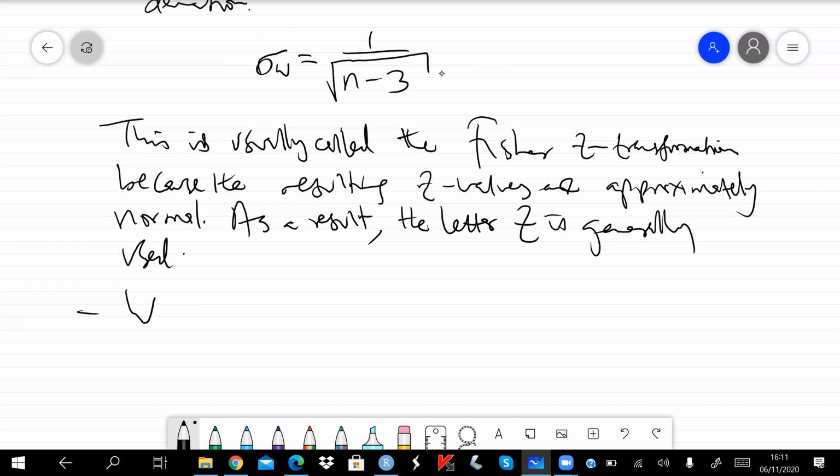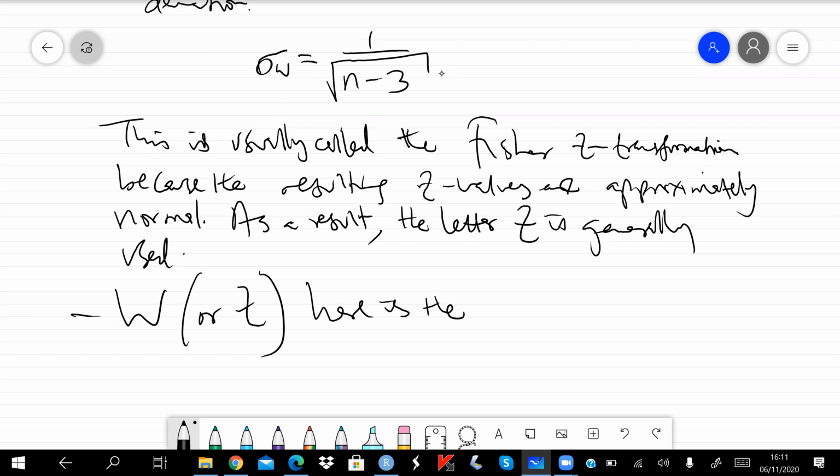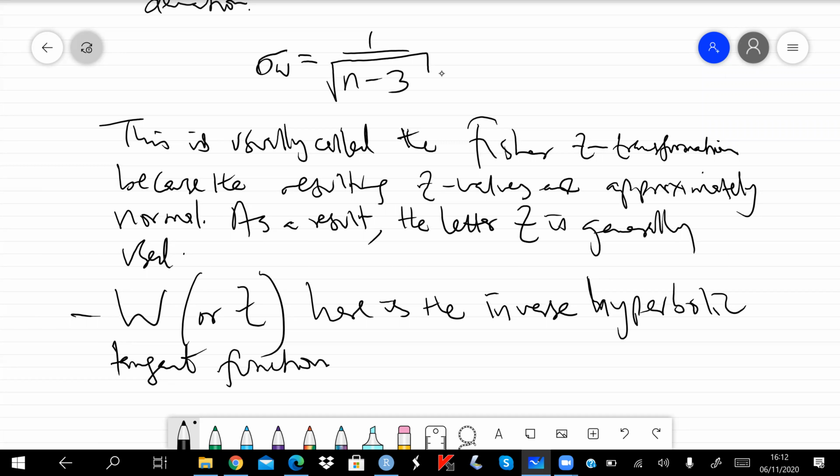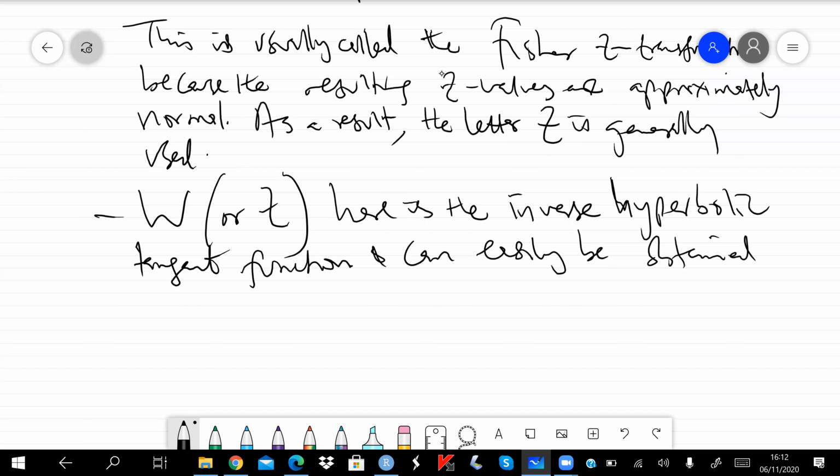W or Z here is the inverse hyperbolic tangent function, and can easily be obtained from most scientific calculators.